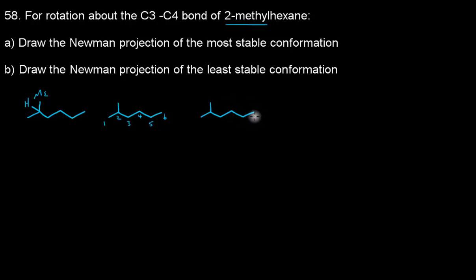So if we had drawn, let's go ahead and put explicit hydrogen here. So this, if we had said 1, 2, 3, 4, 5, 6, this would have been completely incorrect. This would have been wrong. The reason is that the methyl group right here is given a higher priority than this hydrogen right here. And so because the methyl group is given a higher priority, that's the side that we're going to start on.